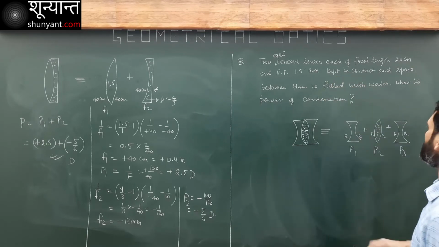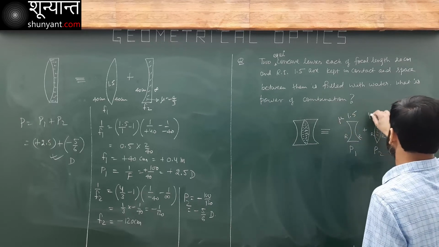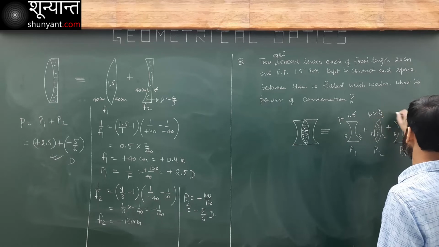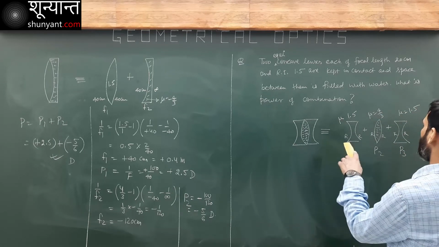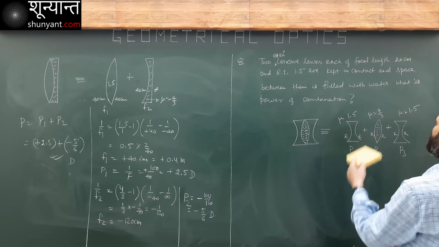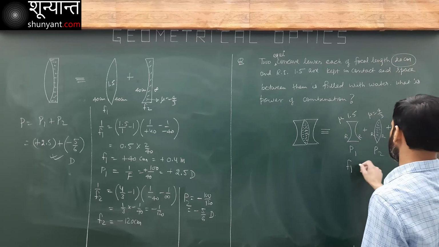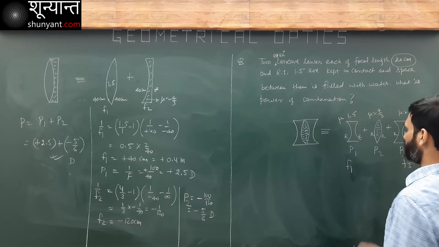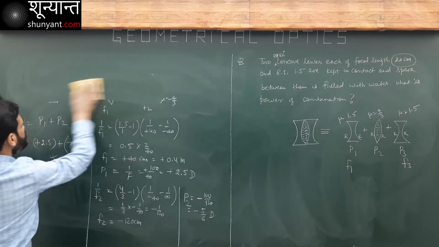The refractive index of this lens is 1.5, this mu is 4 over 3, and this mu here is 1.5. Radius is not given, power is not given, but focal length is given. Using focal length, I can find the radius.